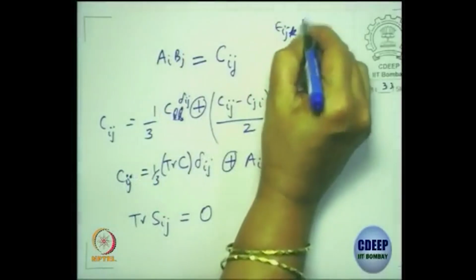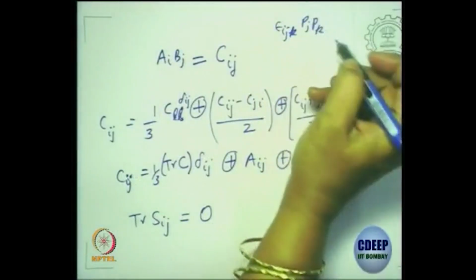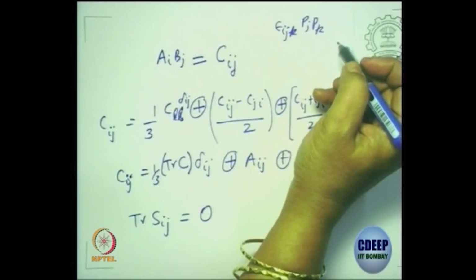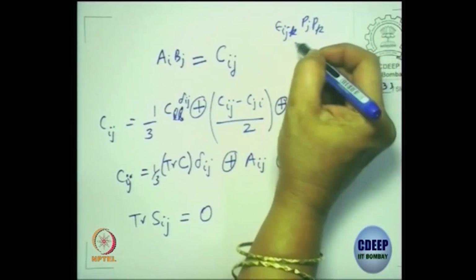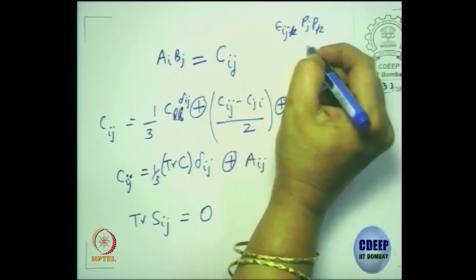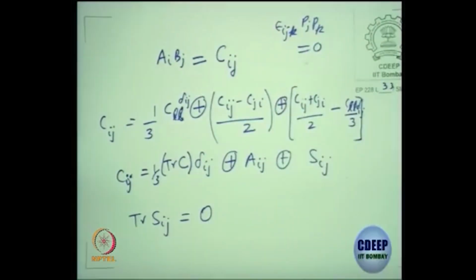Suppose I give you an epsilon ijk and a pj pk. What is this? This is symmetric, this is antisymmetric. It's always 0. So antisymmetric tensors and symmetric tensors are always in 2 different spaces.